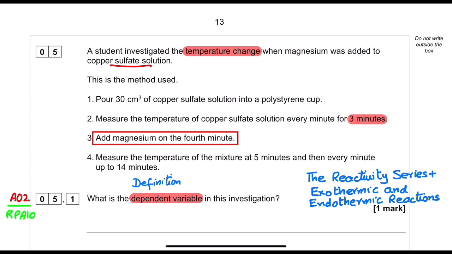We can see here in the given statement, the student is investigating the change in temperature. So the dependent variable in this investigation is the change in temperature or the temperature change.